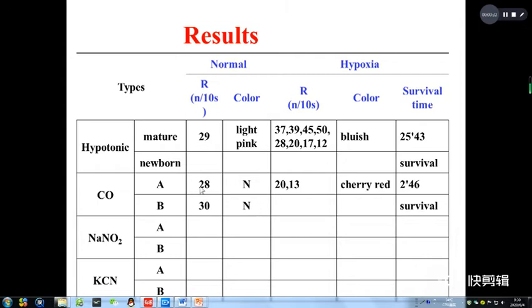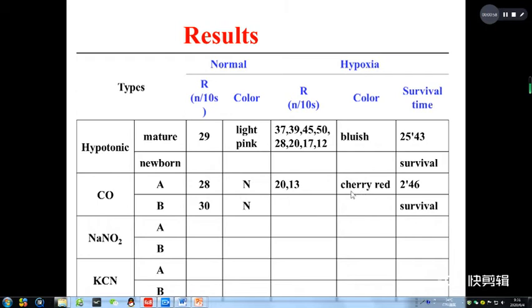Now results. Animal A, normal respiration 28, color normal, light pink. After inhaling carbon monoxide, respiration 20, 13.